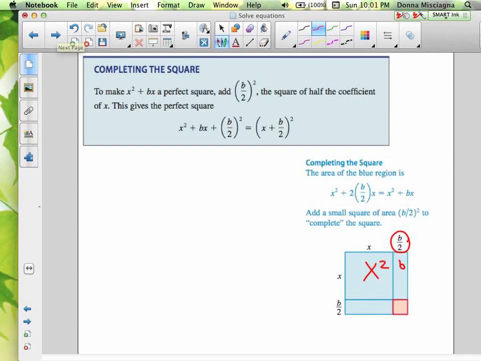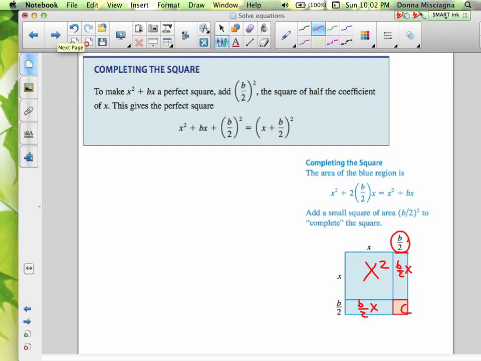Right? So if we're multiplying, this is half of b times x. So this part here is b divided by 2x. And this part here is b divided by 2x. And this right here is our c. That makes it a perfect square.